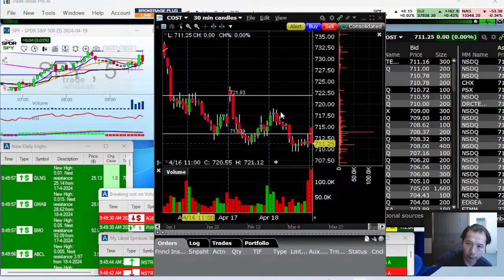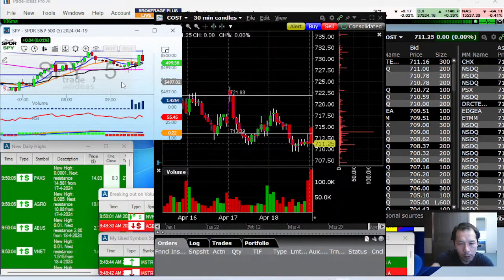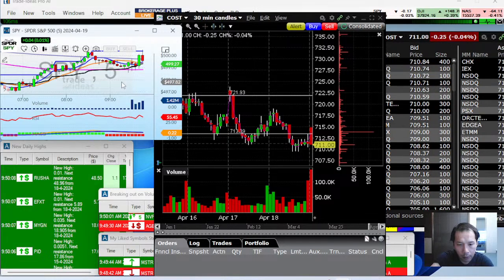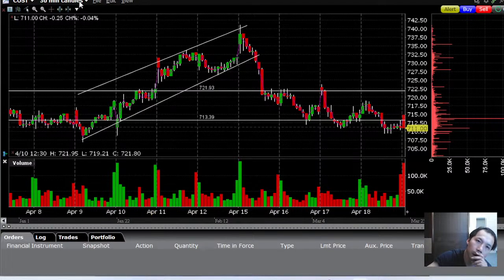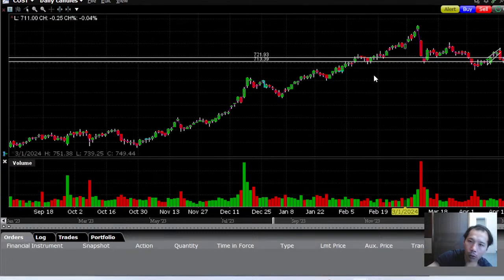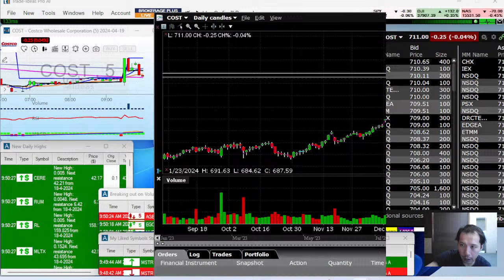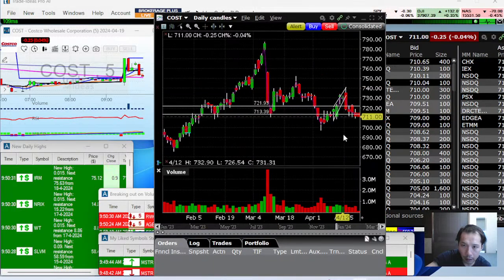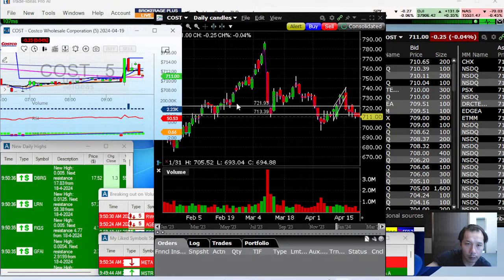We could definitely see this stock going back down to lower levels. We have huge support at the 700, I would say, right? You probably see this stock at about 700-ish.